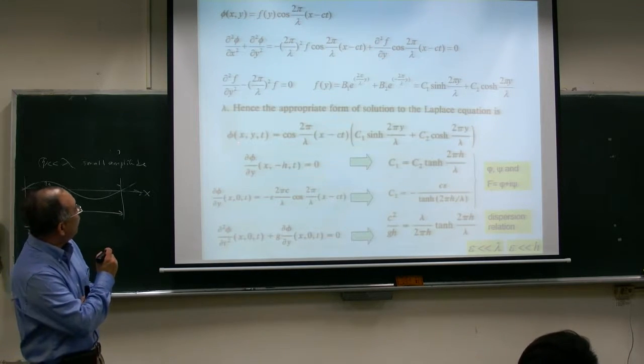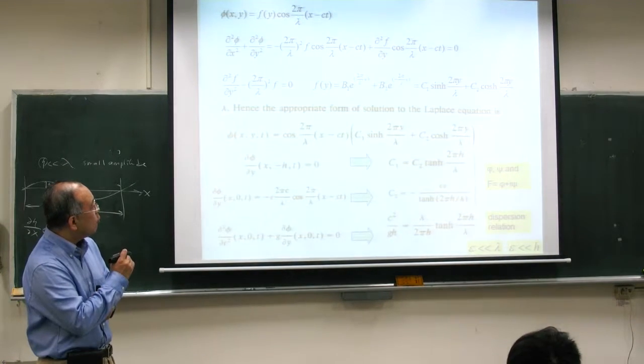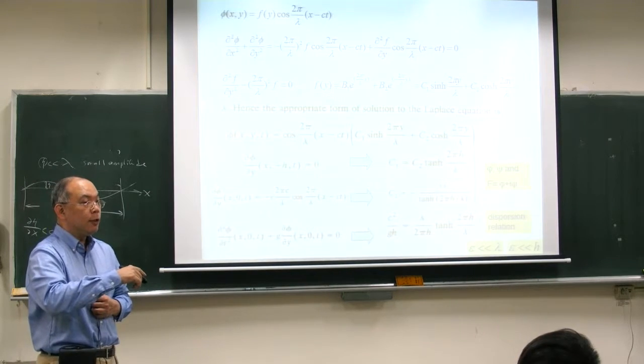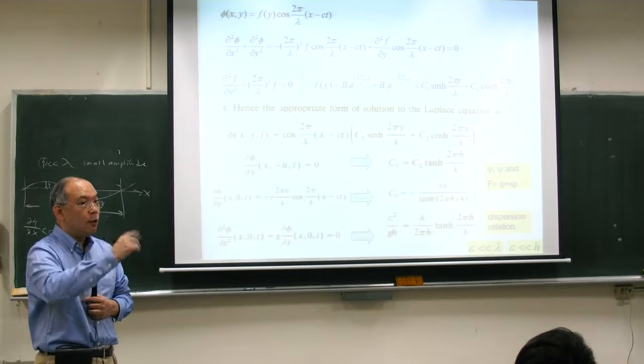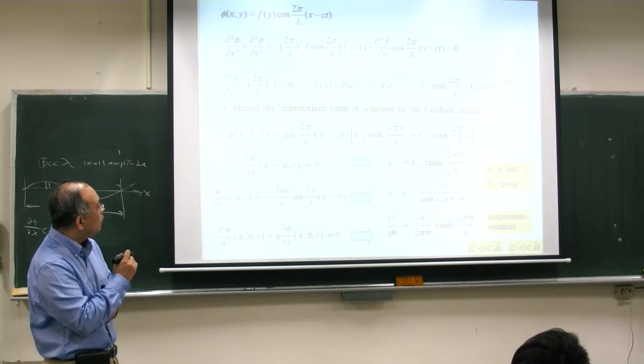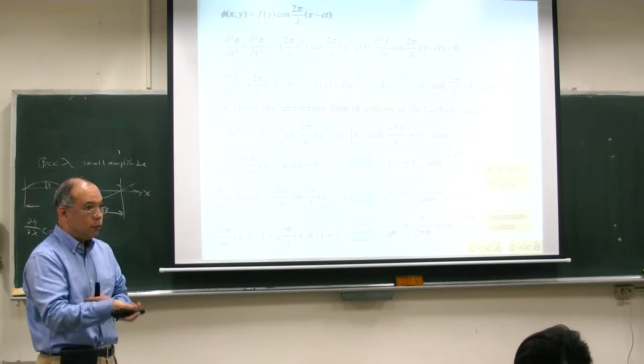So that's our velocity potential for this physical problem. And we only have two constants, C1 and C2, that have to be determined, because we didn't apply any boundary condition yet. By applying boundary conditions, we can get C1 and C2 later. Then we know the velocity potential, and we know the flow field.